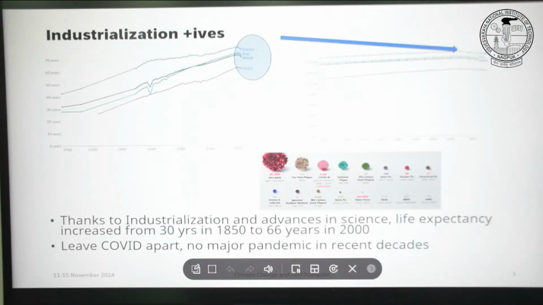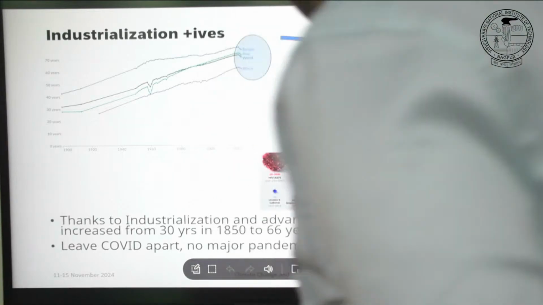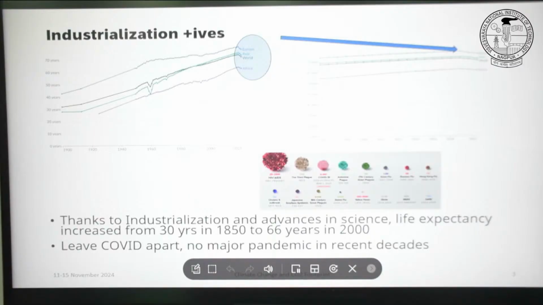I think in your generation you cannot think about it. It's reality. People were dying at 30 or 35. So advances in the medical field and other fields have led to an increase in life expectancy almost every day.